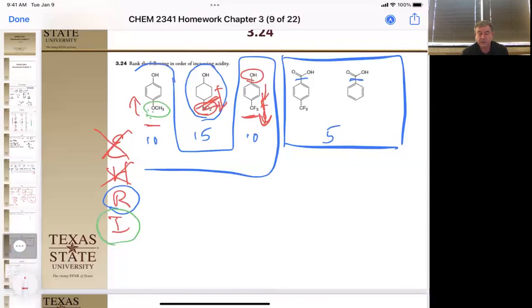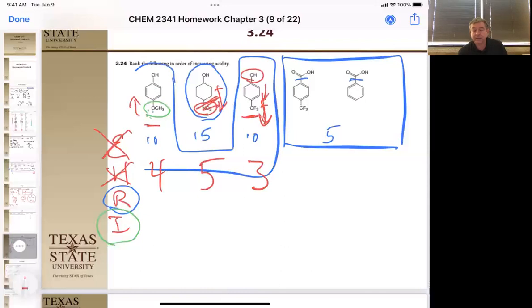So this is 5, this is 4, this is 3 so far. Do we see that the stabilization of that negative charge happens in 4 of them because of resonance, making them more acidic than the last one? And then just comparing between the two that are the same structure, it's the inductive effect that changes it.